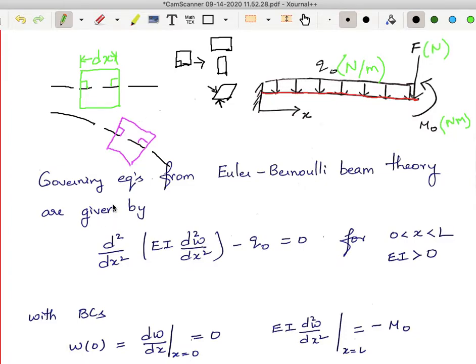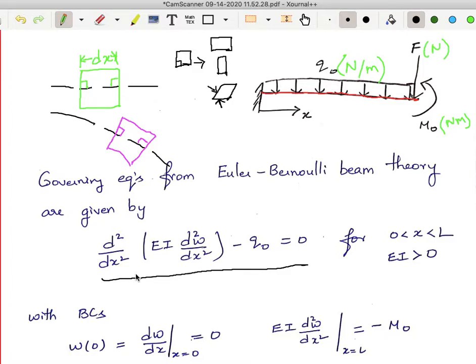In any case, the governing differential equation in this particular problem is given by d square by dx square of EI d square w by dx square minus q naught equal to 0. What is the highest order derivative in this equation? 4.